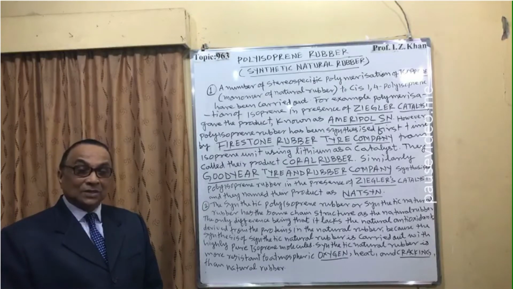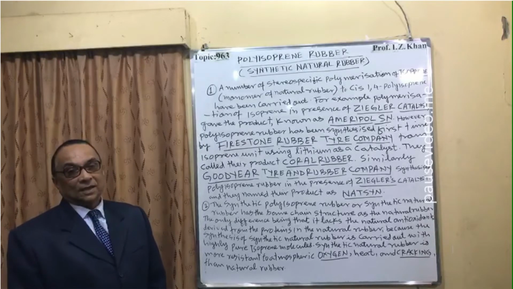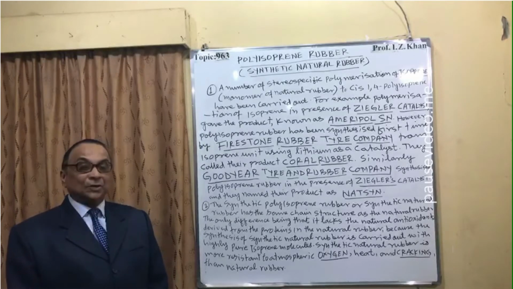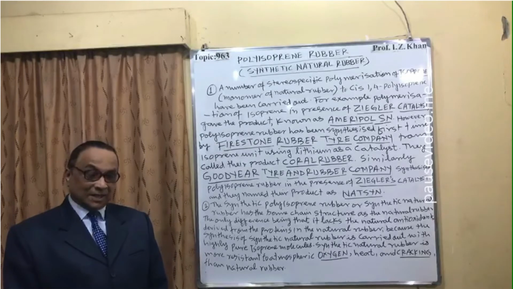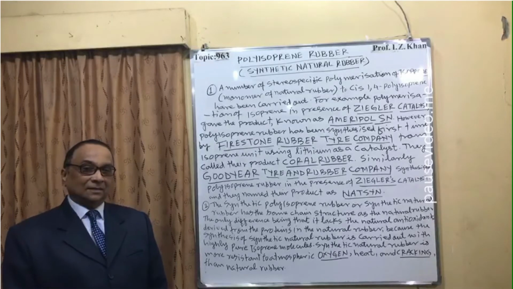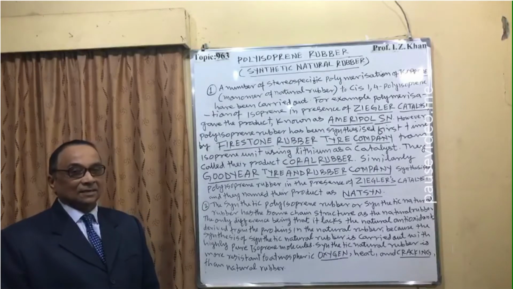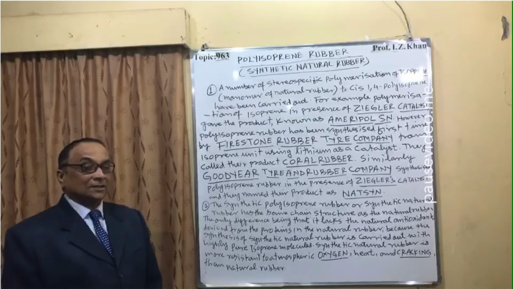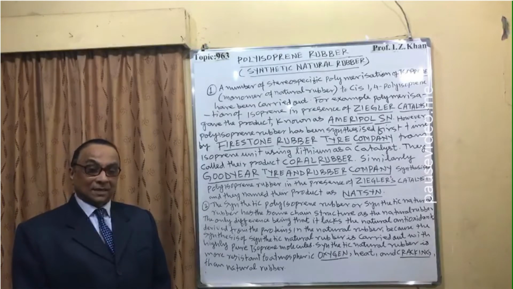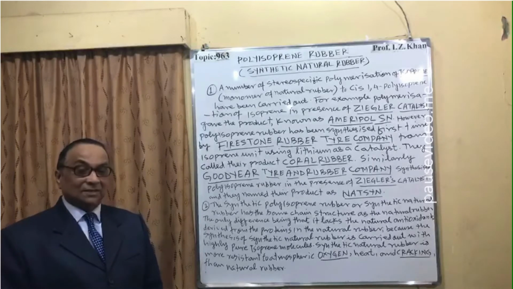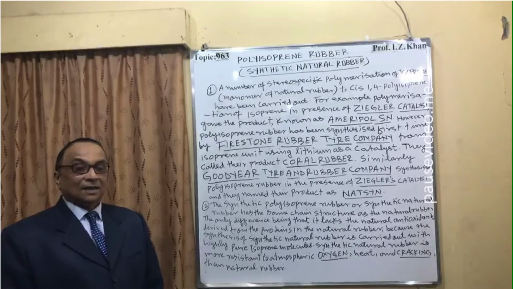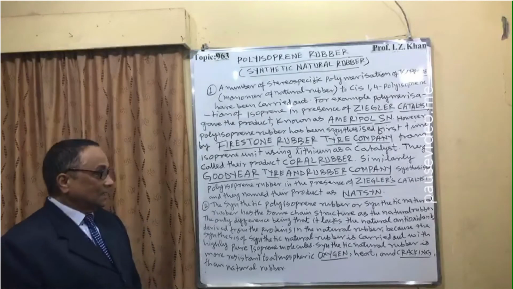But once we are doing the synthesis of extra pure isoprene units, we will not get those antioxidants, and because of that reason the synthetic natural rubber is more resistant to atmospheric oxygen, to heat, and the quality is good.